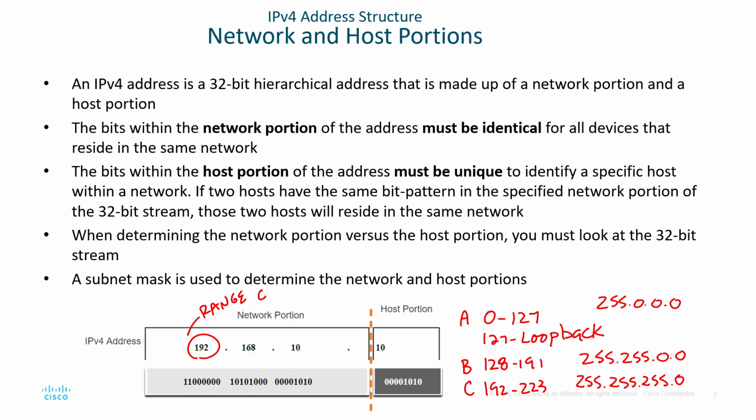So these first three octets are the network portion. The last portion is your hosting field, represented here with your subnet mask as a 0. So zeros will identify the hosting fields per address.